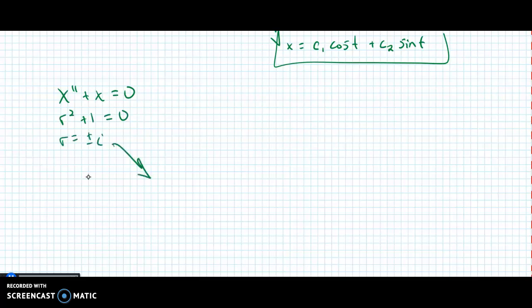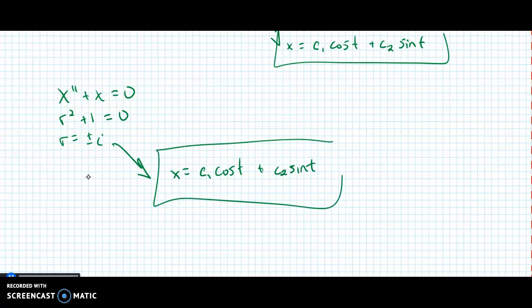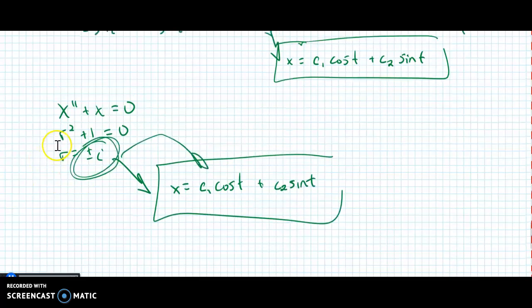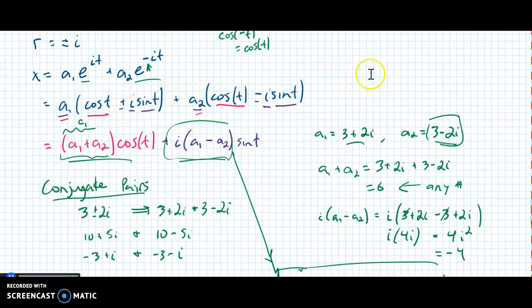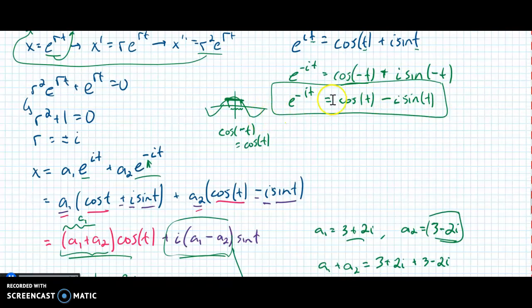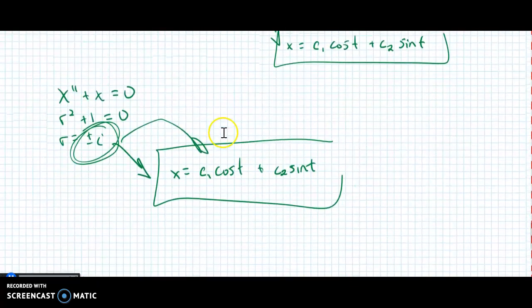And then this step, bam, you can go straight to x equals C1 cosine t plus C2 sine t. Once you get the imaginary part here, you can go straight to the solution. You don't have to do all this crazy algebra with imaginary and complex and Euler's formula. Euler's formula is why we can do that, right? But you can just bump straight from here to there.